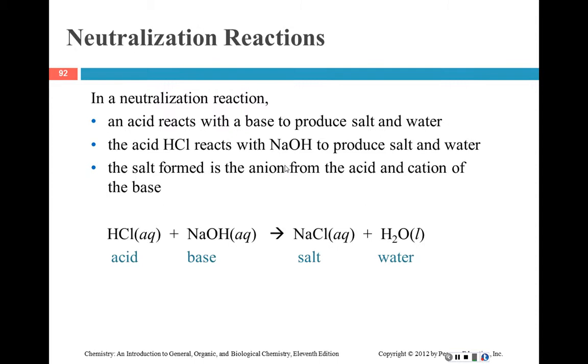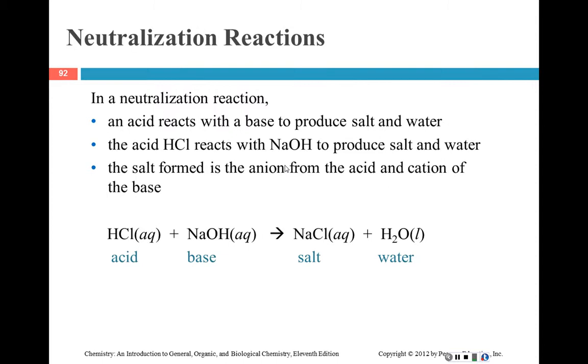When we react a carbonate or a bicarbonate with an acid, we're going to produce carbon dioxide, the salt, and water.